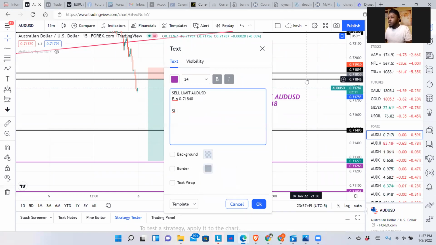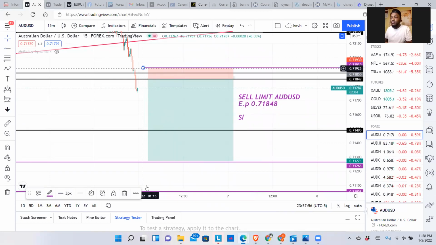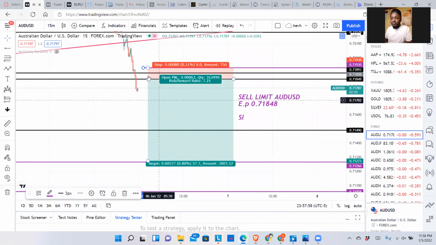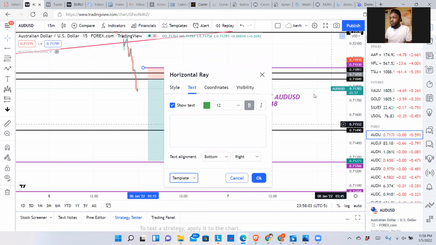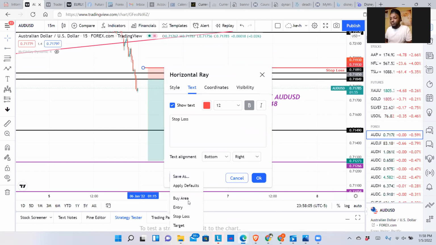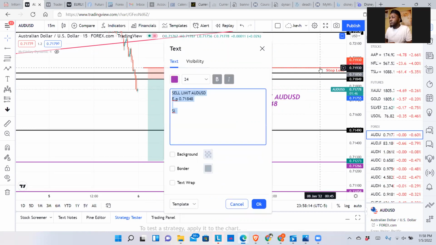Then our stop loss is right here, 0.71930.